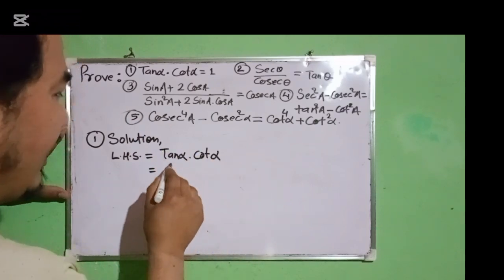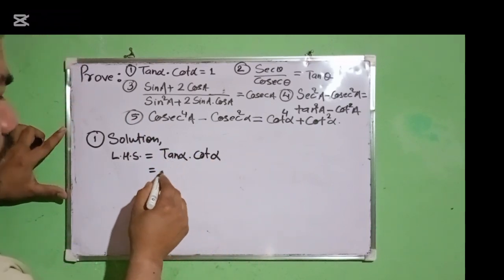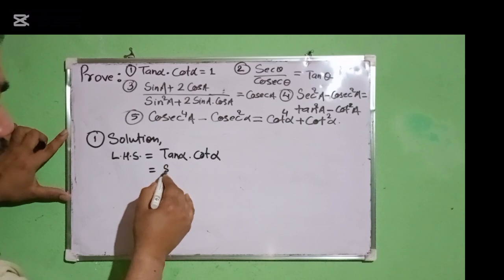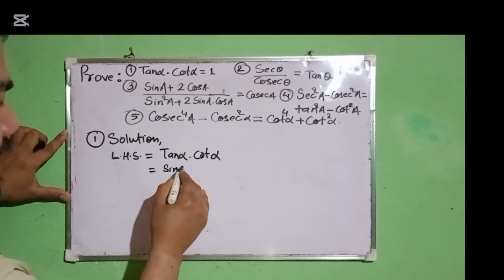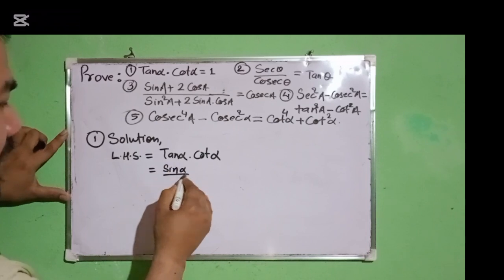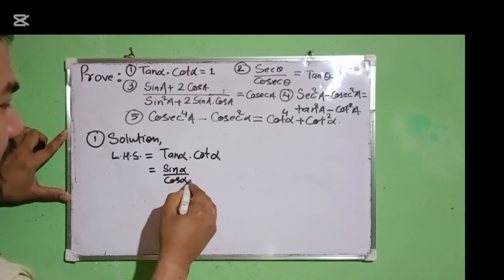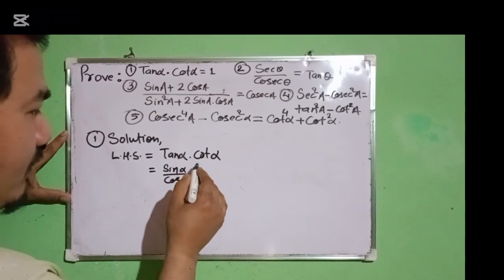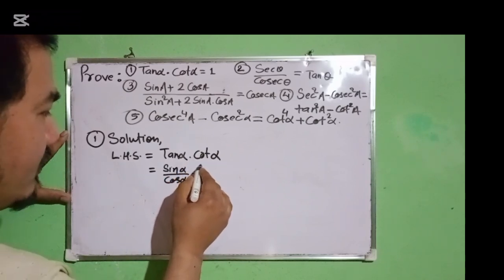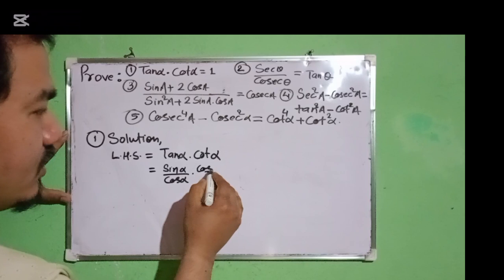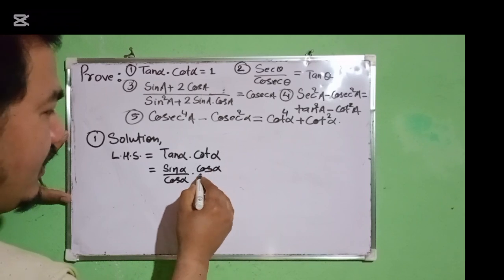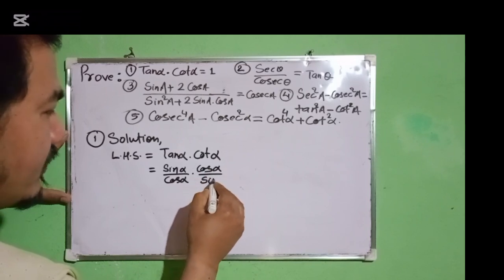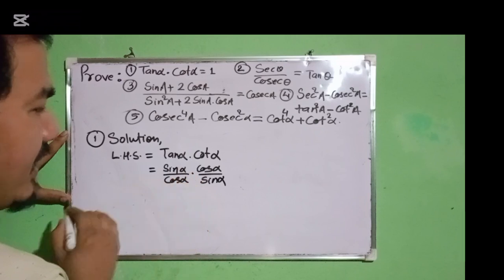We know the quotient relation of tan alpha, sin alpha by cos alpha, that I have shown in previous classes. And cot alpha means its quotient relation is cos alpha by sin alpha.